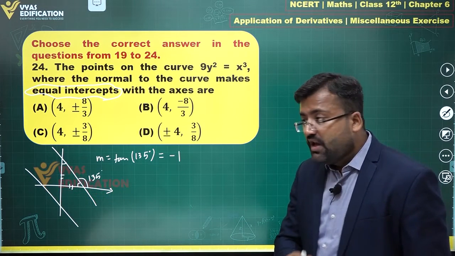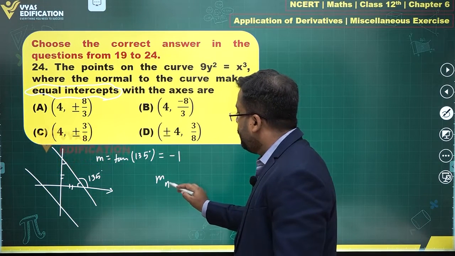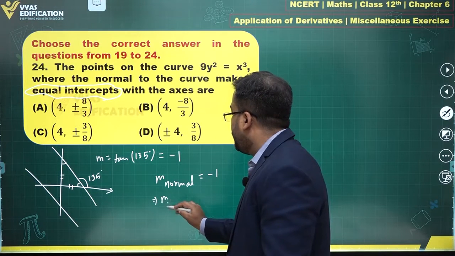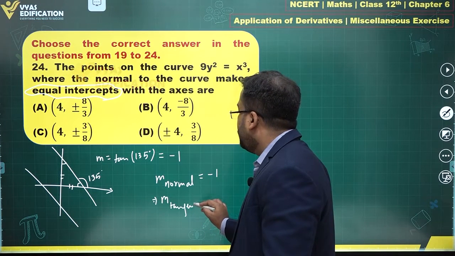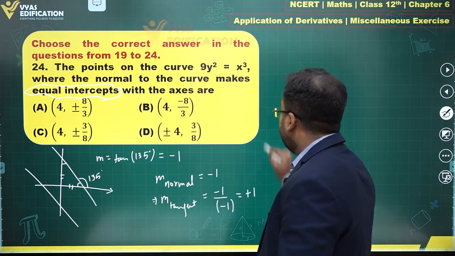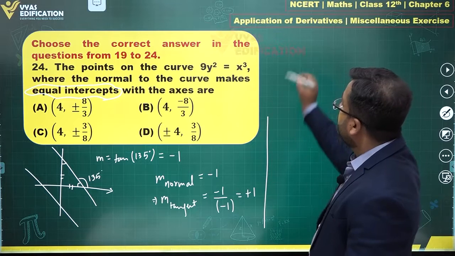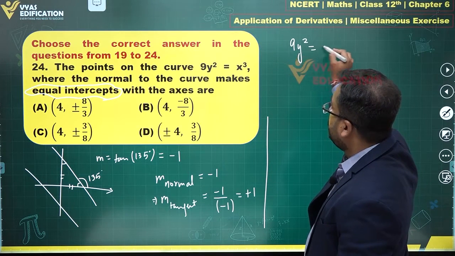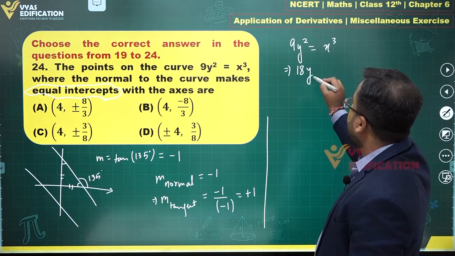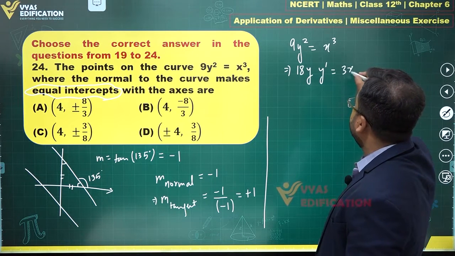Mind you, slope of normal is equal to minus 1 implies slope of tangent is equal to the negative reciprocal of this, which is plus 1. This is what we are interested in. So 9y square is equal to x power 3, which tells me 18y y prime is equal to 3x square.